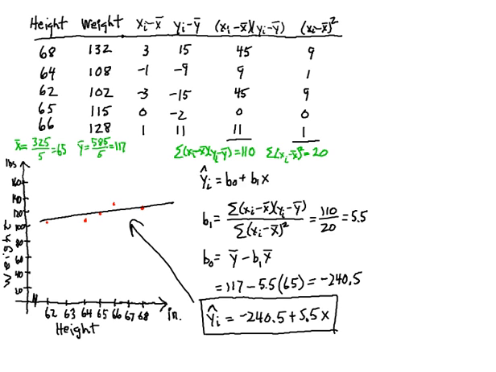Now, to estimate the weight of a woman swimmer that is 63 inches tall, I have a formula that I can do that to estimate. I will plug in the 63 into the regression equation.